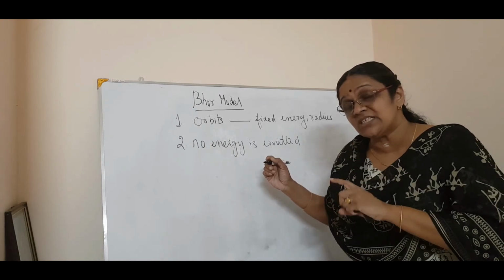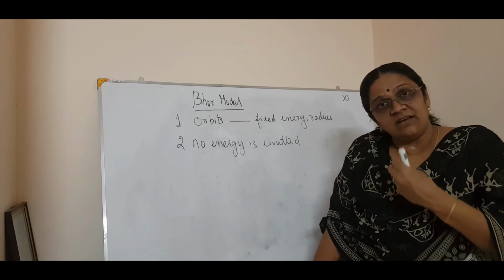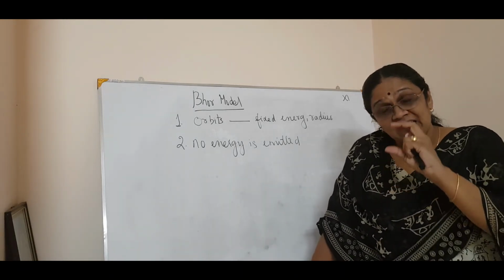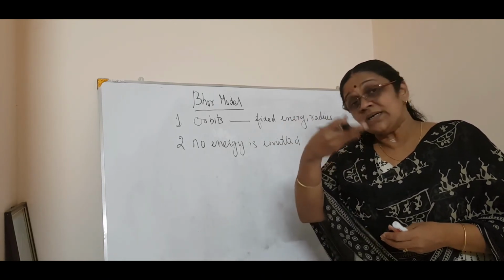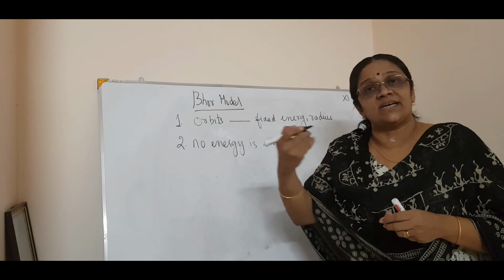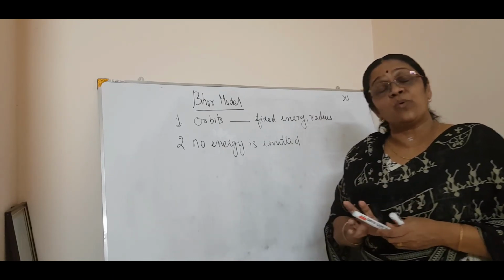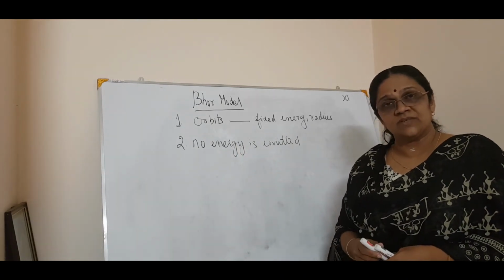Here the particle nature comes into the picture. If it were continuous, we could say it is only a wave. But no, the energy is emitted as packets of energy, or quanta of energy, and not in a continuous manner. That is what Bohr was saying in the second postulate. You got it?